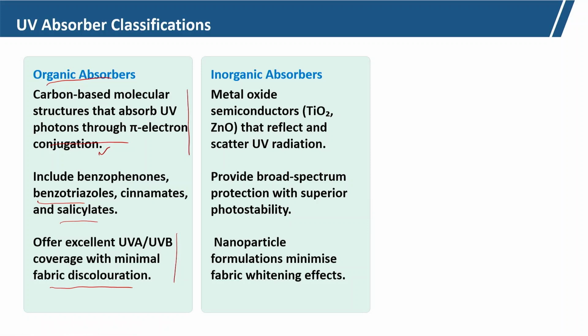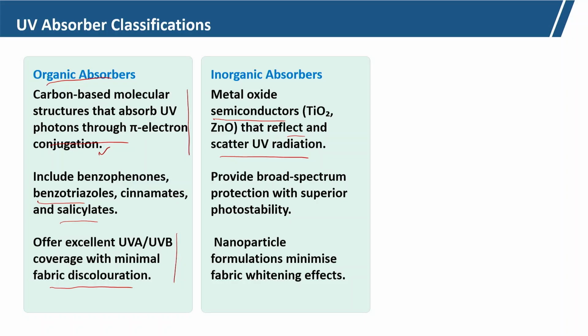Next is the inorganic absorbers, like metal oxides and semiconductors like TiO2 and ZnO, that reflect and scatter the UV radiation.